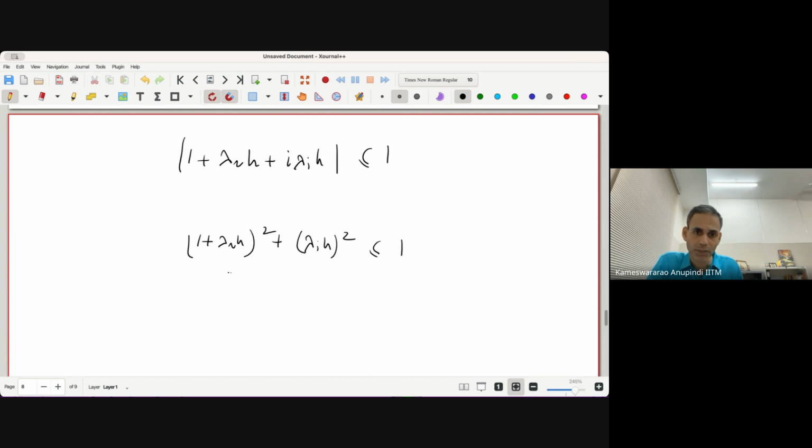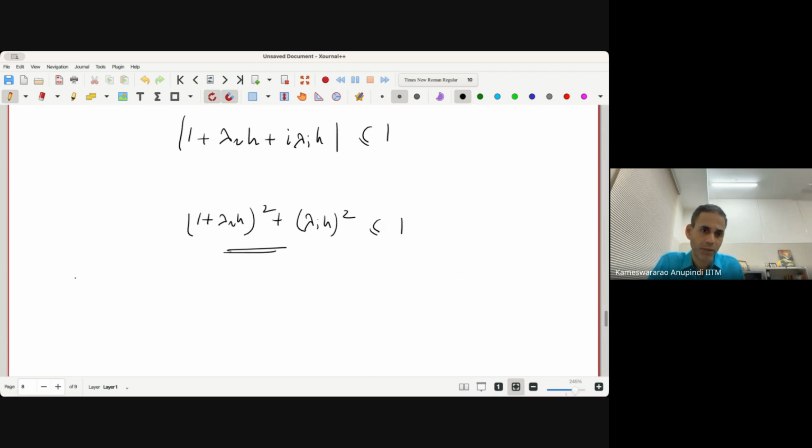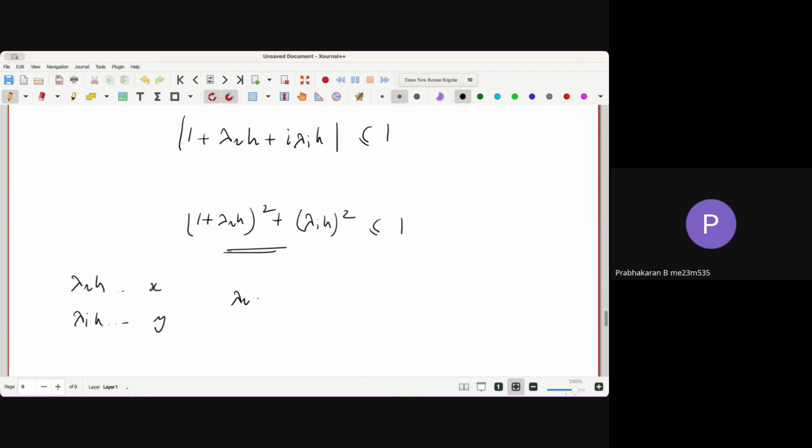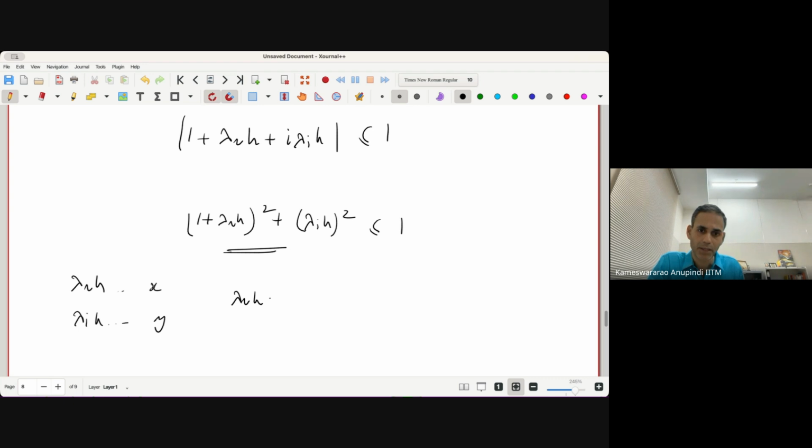What is this condition? If I treat lambda r h as some x and lambda I h as some y coordinate, this is basically (lambda r h minus (-1)) square plus (lambda I h minus 0) whole square less than or equal to 1 square.